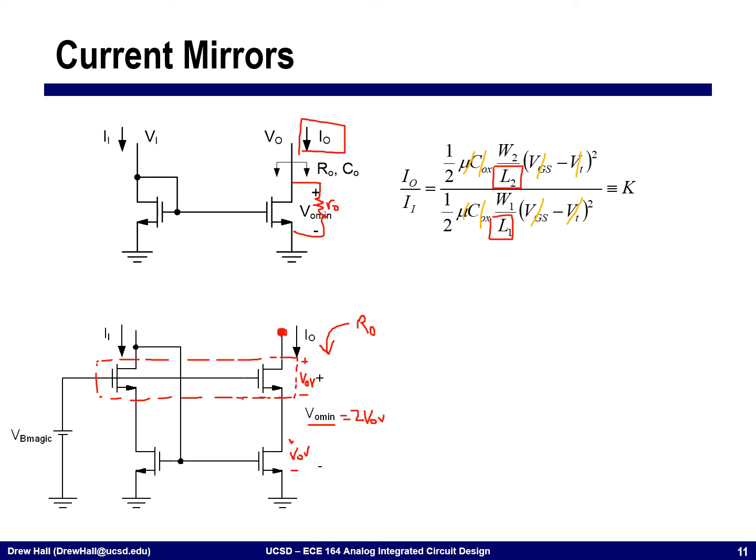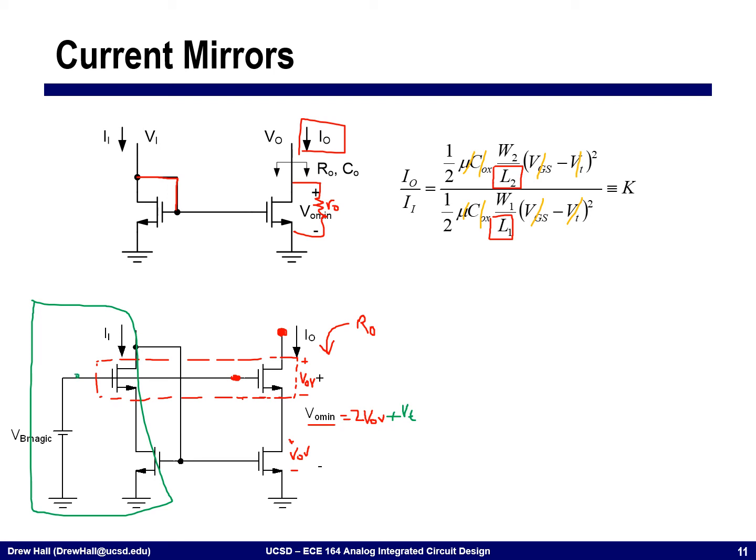However, in order to get this 2 VOV, that meant that we needed to have a slightly more complex biasing structure. In the case of this top one, we were able to simply diode connect the device. Here, we're not able to just diode connect the device because that would create this voltage much larger, and we would essentially end up with a VT term in here that we're trying to get rid of. And so that's where this idea of the magic battery here comes in.